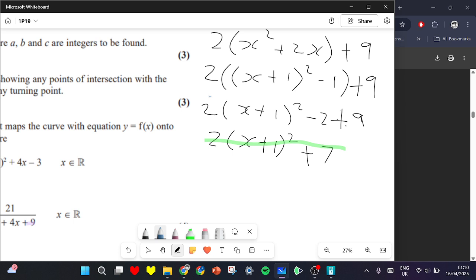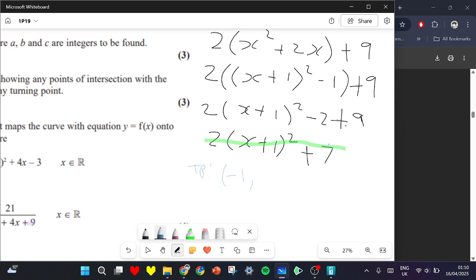And then we can use part A to figure out what the turning point of this graph is going to be. So to figure that out, for the x coordinate, you take whatever number is in the bracket with the x and then you flip it. So here it's +1, so you get -1.